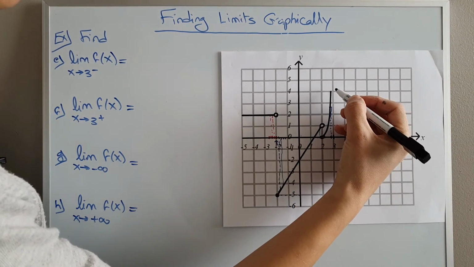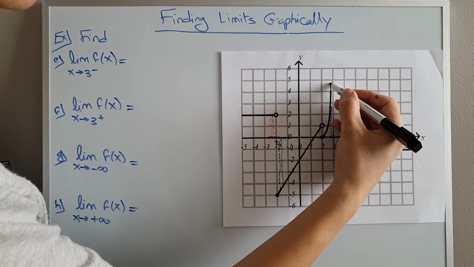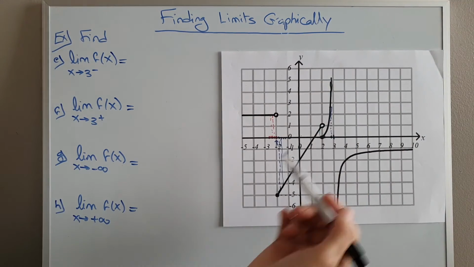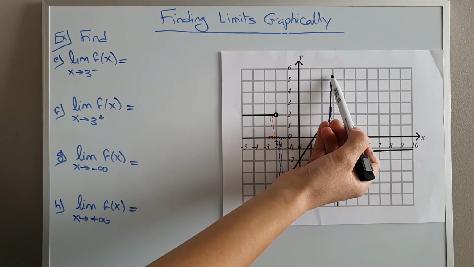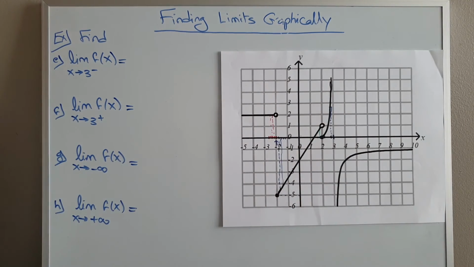So even if they stop here, the graph is just continuing in the same manner, meaning the closer I come to 3 as a value of x, the higher the graph will be, and the bigger the values of y would be. So since the values of y are increasing indefinitely, my limit is positive infinity.